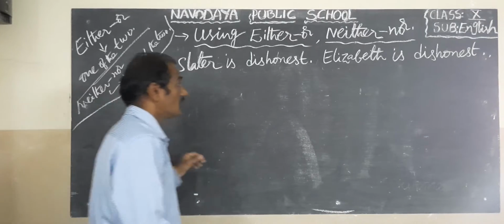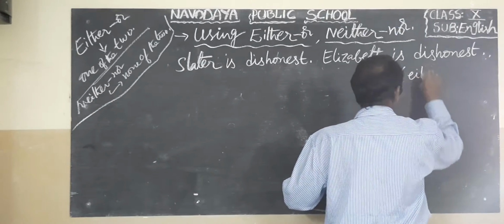Elizabeth is dishonest. Either or, children.